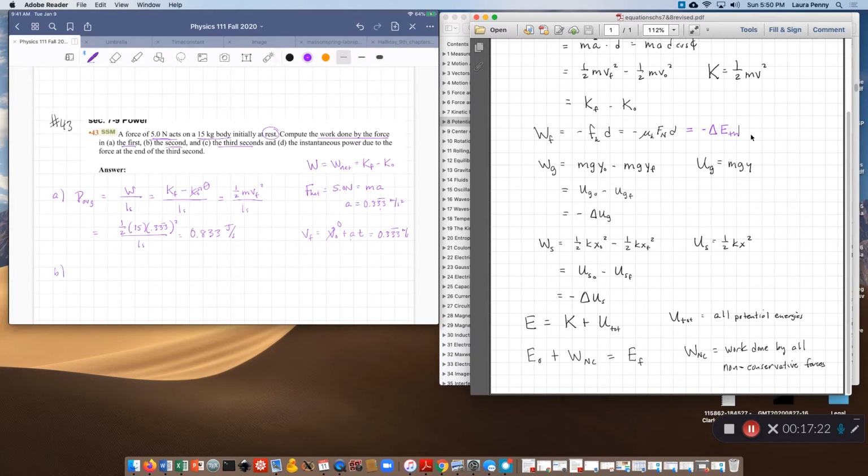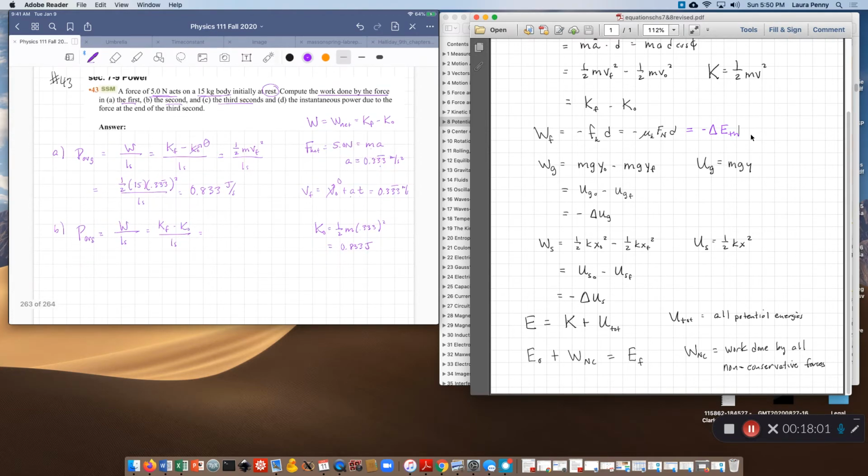B, this is for the second. During the second, again, I want the average power, so I want the work over 1 second. I could do K final minus K initial over 1 second, but my K initial now is using this mass, so it's the 1/2 mass v squared, and that's just my 0.833 joules.